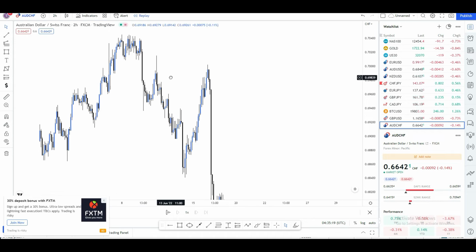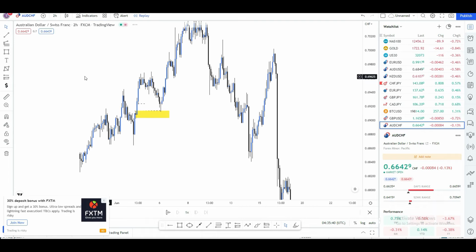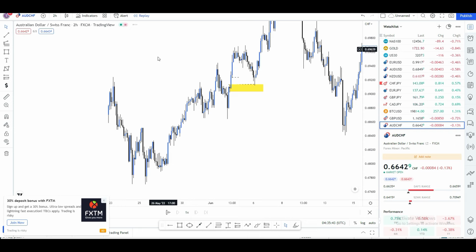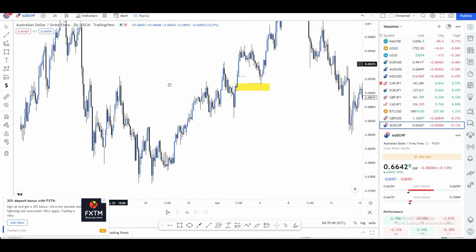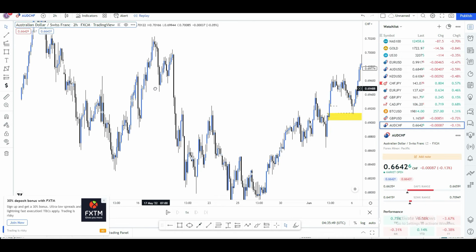I mean, something like this, right? We had imbalance right there, and then look at what happened, right? This was a demand area, and then price filled up that imbalance and actually tapped the zone, and the market continued pushing up. Right, so just by understanding this, you can definitely increase your probability of understanding the type of trades that you really need to look for, right?